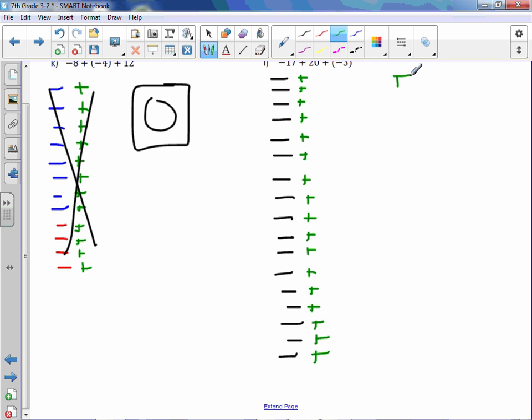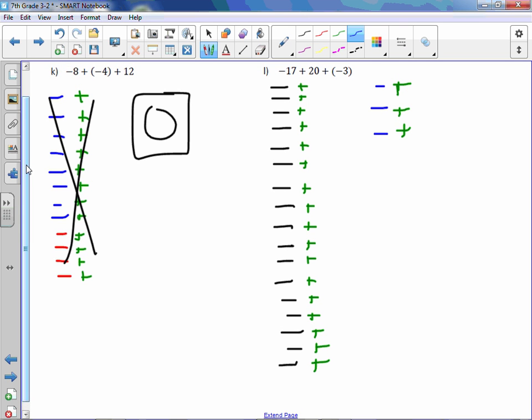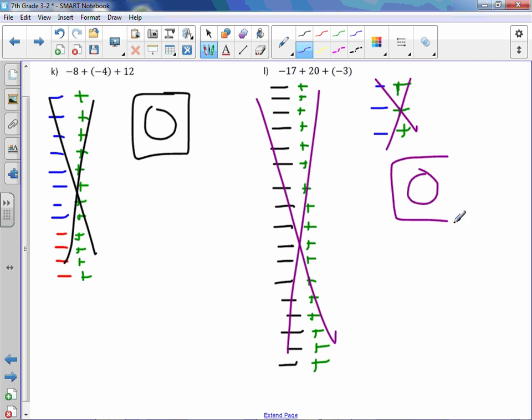I'm going to carry on over here. And you also have 3 negatives, so I'll match them up with the positives that are standing alone. Cross out your 0 pairs, which again end up being nothing left over, therefore 0.